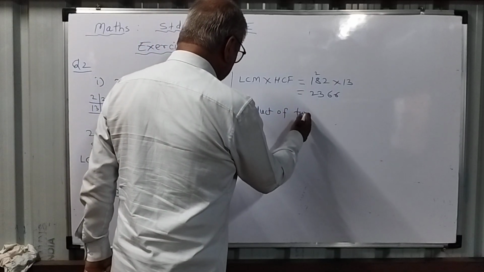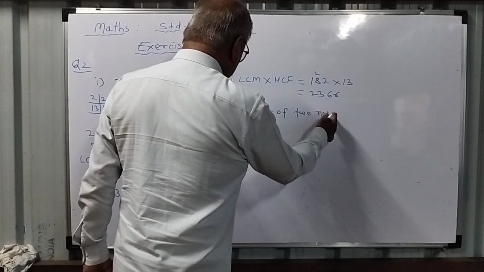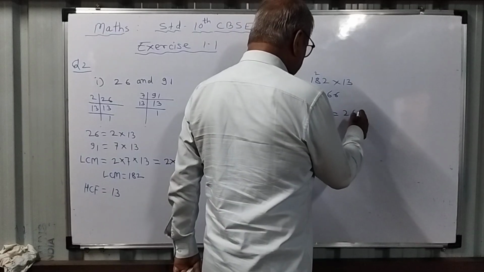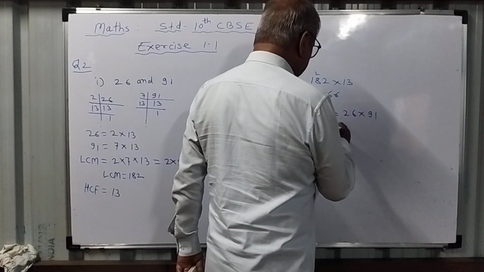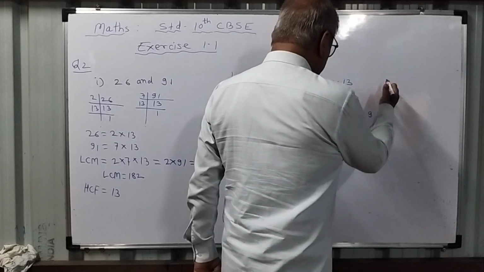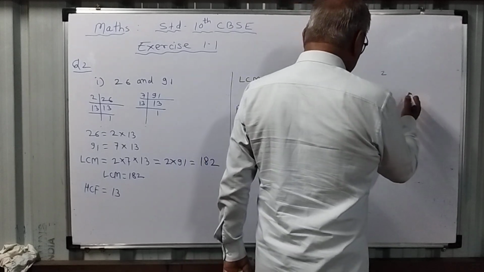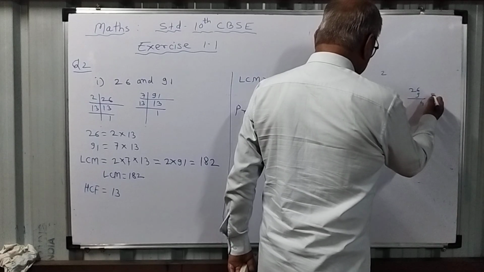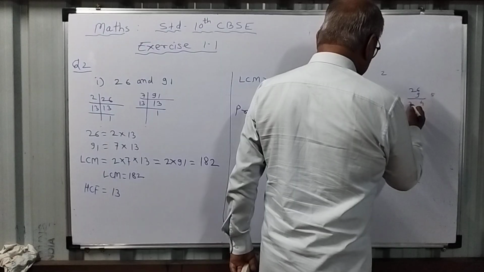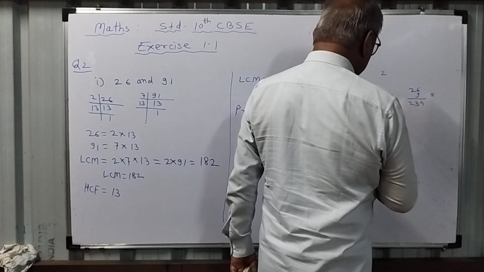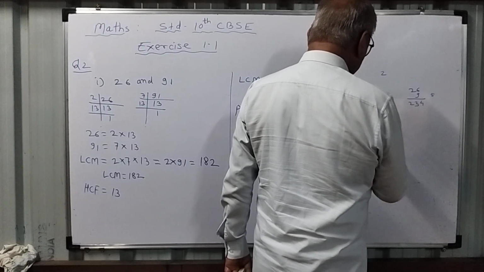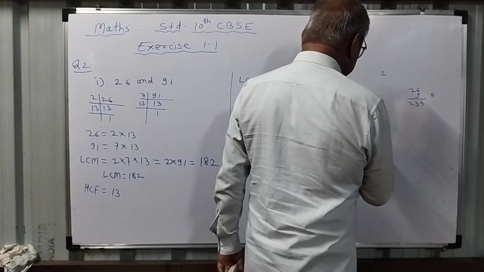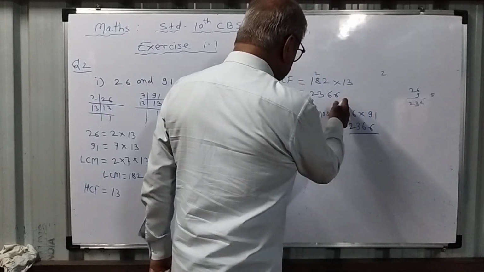The product of two numbers is equal to 26 into 91. 26 ones are 26, 2 carry, 26 into 9, 2, 3, 6. So this is the same.